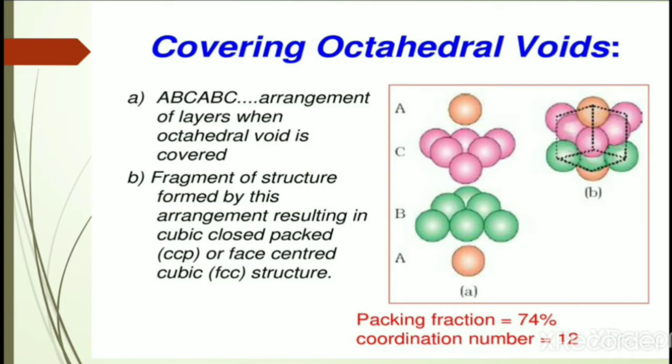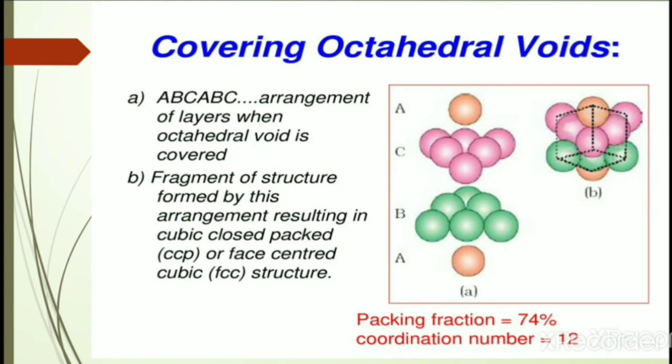So then it gives the hexagonal octahedral void. Then in structure B, the formation of the cube takes place. It means the fragment of the structure formed by the arrangement results in cubic close packed structures, or the formation of face-centered cubic close packed structures. Here only when the fourth layer is placed, its spheres are aligned with that of the first layer.